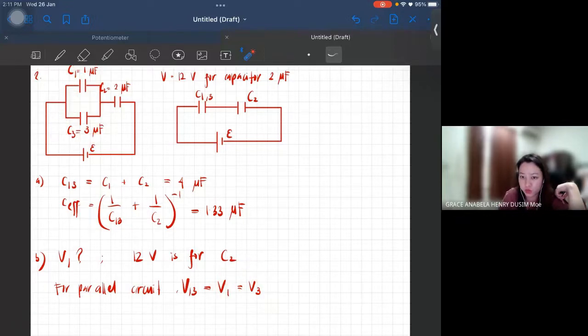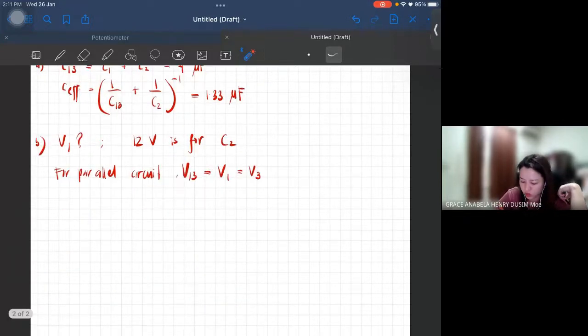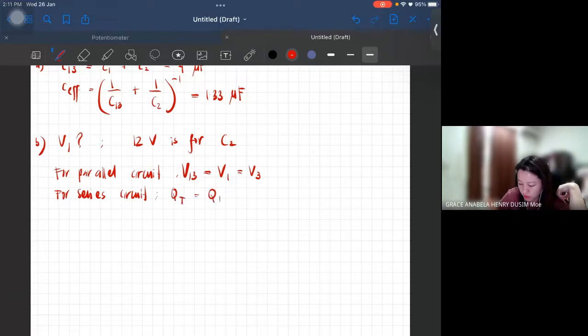What else do we know? For a series circuit, the charge is equal. So Q13 equals Q2. In order to find the volt across 13, we are going to calculate it using this equation.